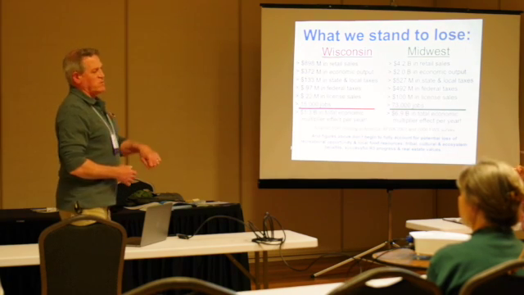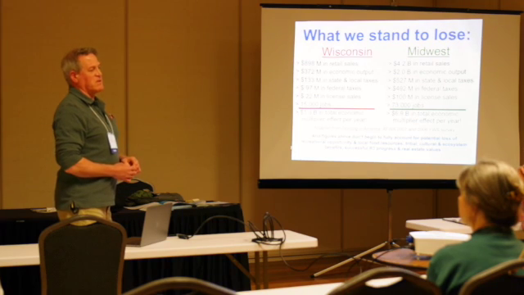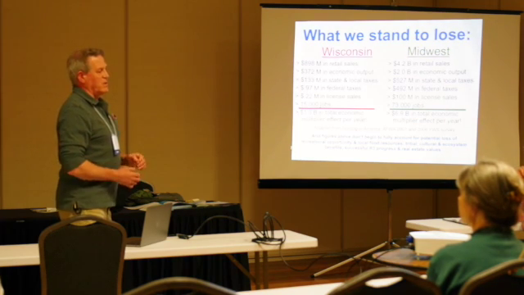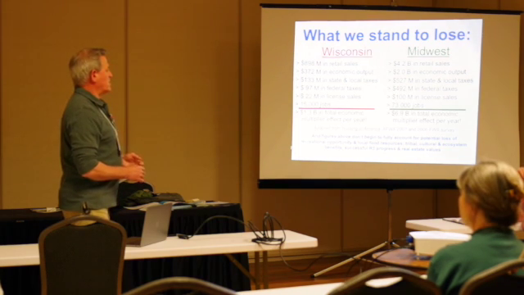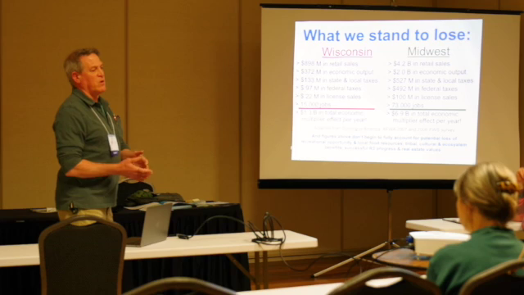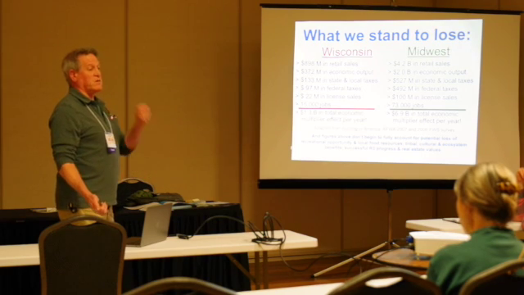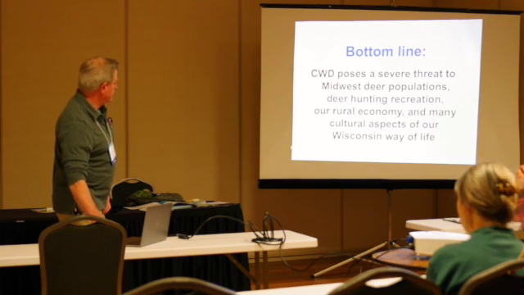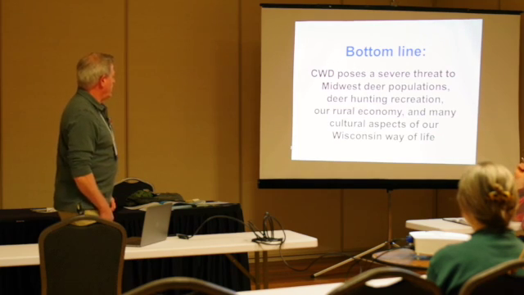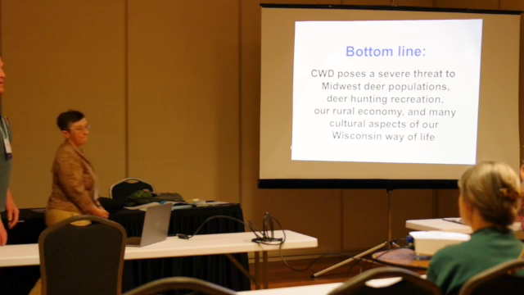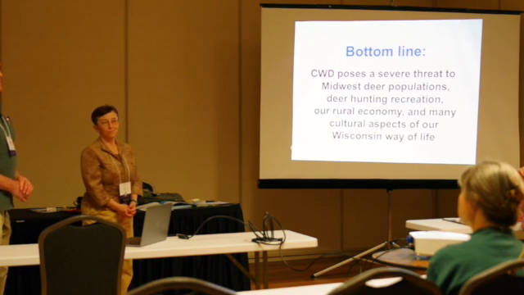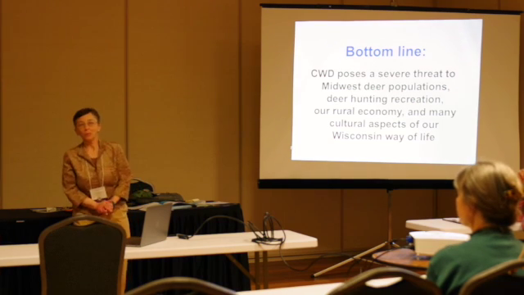Well, when property values consistently fall, it gets really hard to be a town chair, because you're trying to make up the lost revenue when people are feeling less wealthy because their land is worthless. So, I'm going to turn it back to Karen and just say, this is a bigger thing than it might appear at first glance.